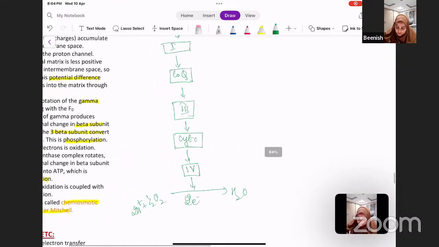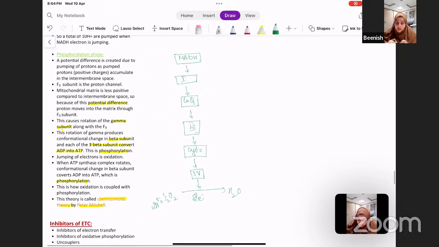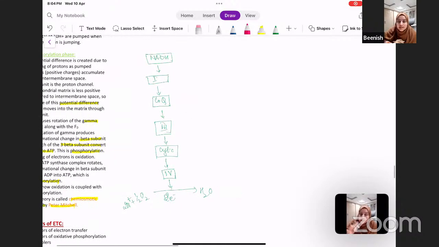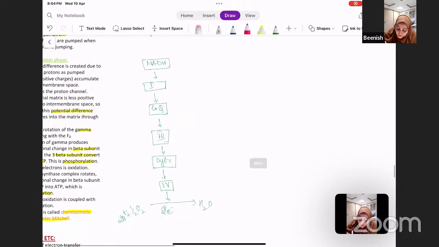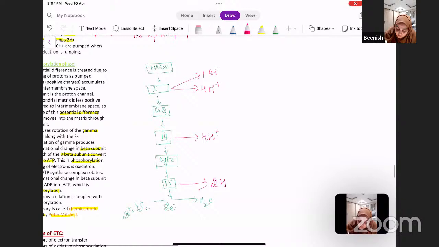Okay. Now what I'm trying to say is that your complex 1 acts as a proton pump, and I told you that it pumps 4 protons. Your complex 3 also acts as a proton pump and it pumps 4 protons, and your complex 4 also pumps 2 hydrogen. Now, for every 4 protons pumped, 1 ATP is synthesized.